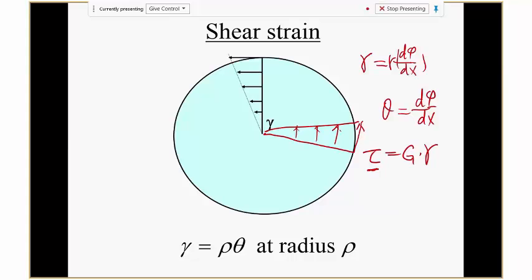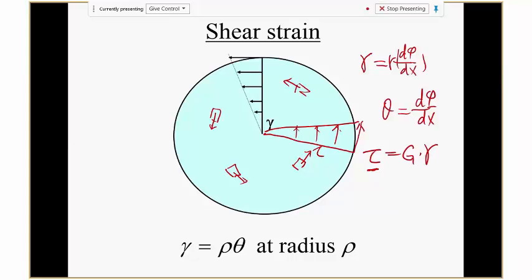Now from the strain, we have moved to the stress. We found the stress. How can we link this to the moment? If I look at this small area here, you're going to have a shear stress tau pointing this way. Here, shear stress tau is going to point this way.